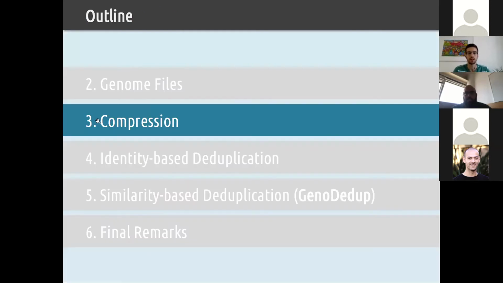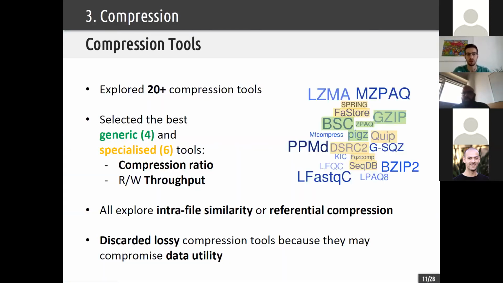So regarding the compression of these files, we explored more than 20 compression tools and selected the best 4 generic compression tools and the best 6 specialized tools based on the compression rate and the read-write throughput.